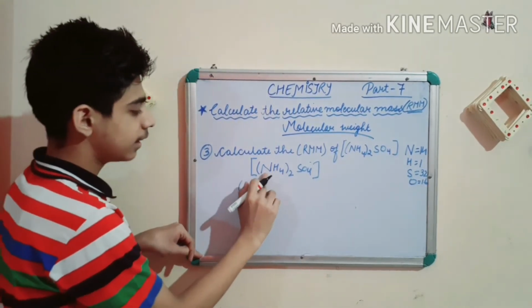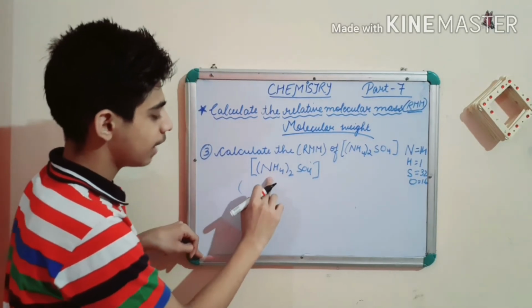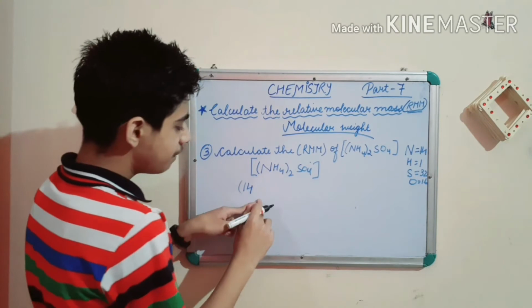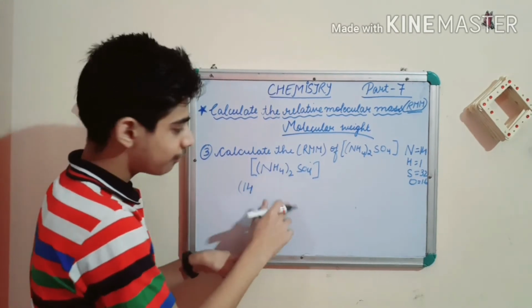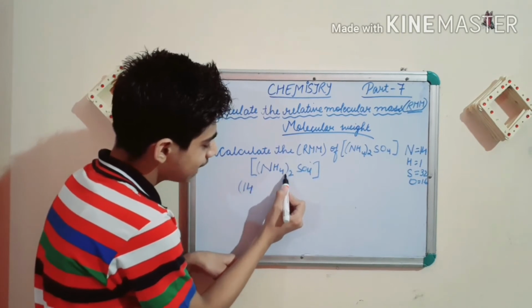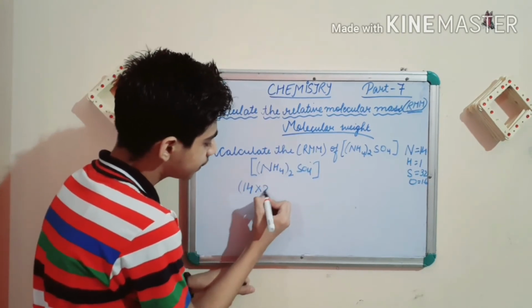First we will write the nitrogen atomic weight, that is 14. Now we will multiply it by 2. Why? Because this full bracket is multiplied by 2.